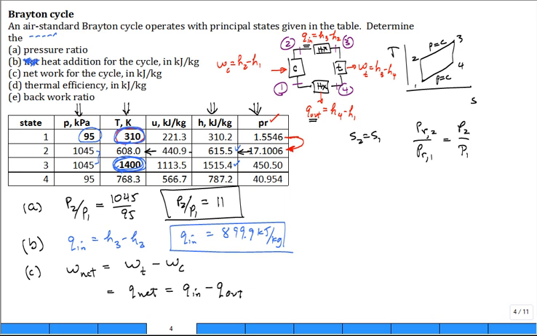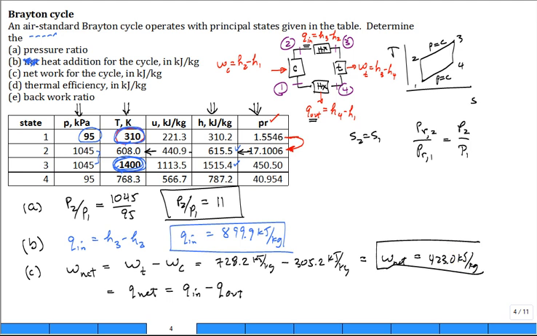So let me see, if I do the work of the turbine, we already have it right here. It's H3 minus H4. And so the work of the turbine is 728.2 kilojoules per kilogram. And the work of the compressor, 305.2 kilojoules per kilogram, giving us that the work net is equal to 423.0 kilojoules per kilogram.